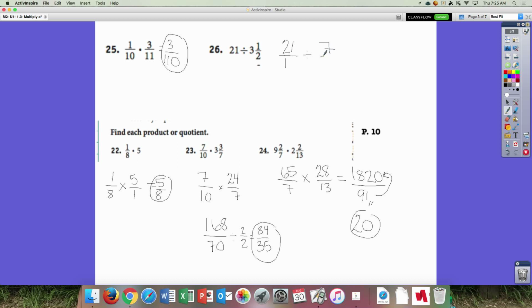So 7 over 2. Okay? Now remember, when we multiply, we go straight across. When we divide, we do our cross multiplication. Okay? So, what is 21 times 2? 42. Good. What is 1 times 7? 7. Good. How many times does 7 go into 42 if I divide that out? 6. Awesome.